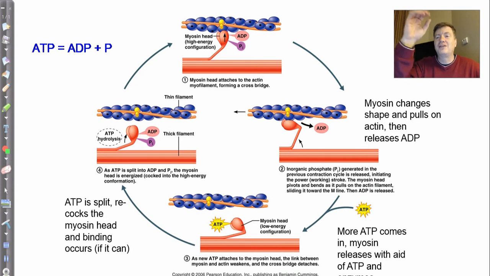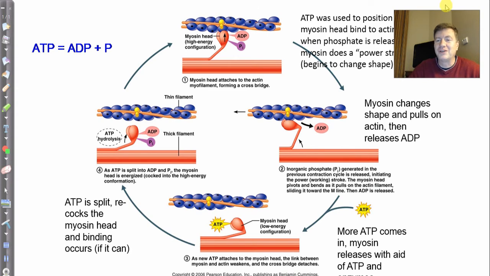But it's going to bind, pull, release, reconfigure, attach, bind, change shape, and pull, release. More ATP comes in. It's going to get right in shape, bind, pull, release, reattach. And it's hard to do in the video, but it's going to go through the cycle of pulling and changing shape, pulling and changing shape.